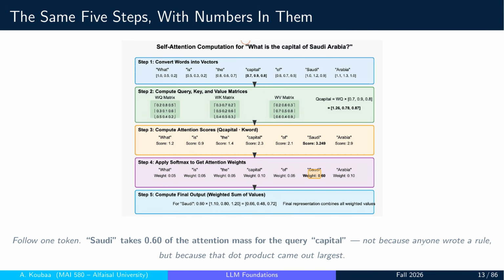Fifth, we sum. Here's one to try. If the token "it" is being interpreted, which earlier noun should receive the largest weight? Whichever noun the surrounding evidence supports. And notice that you resolved that from context, not from the word "it". That is precisely the computation on this slide.